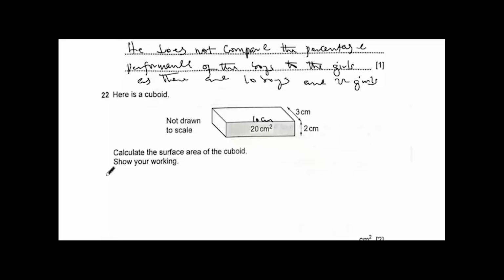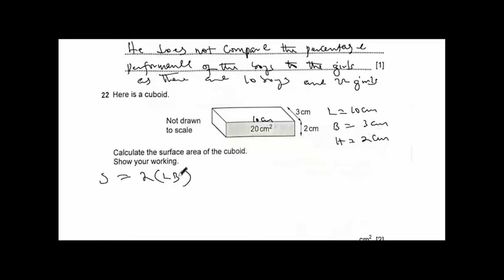So the total surface area of a cuboid, denoted by S, is given as 2LB plus 2LH plus 2BH. Let's say the length is equal to 10 centimeters, the breadth is equal to 3 centimeters, and the height is equal to 2 centimeters.